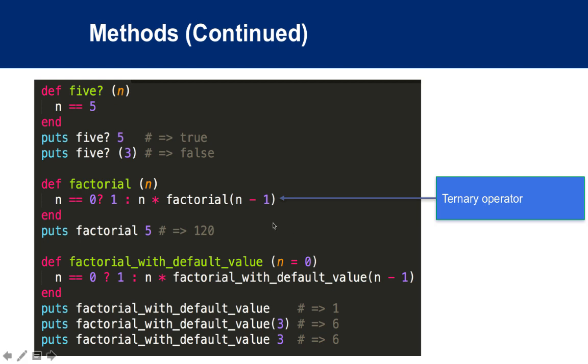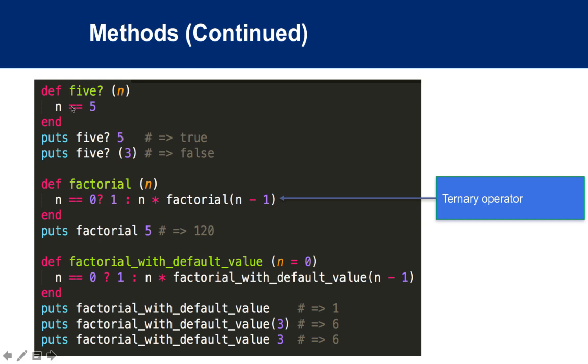So let's see an example. So for example, you could have a method. So this is how you define a method. It's a def and the end, and then the method name. So in this case, the method name is five?, and the parameter is n. And it has a question mark because it's actually called a predicate method, right? The method is asking a question. Is this thing that I'm passing into it a 5?